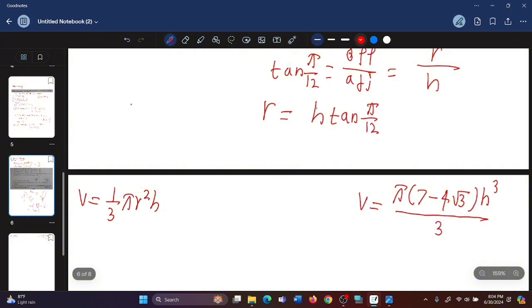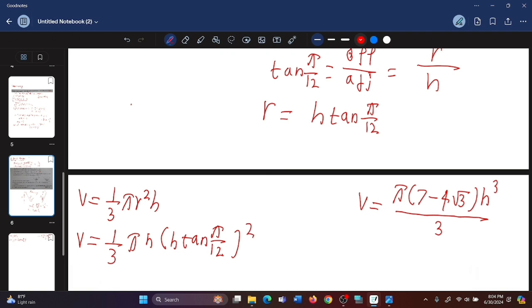Now let's substitute this r into this equation. If we substitute r, it becomes 1 by 3 pi h, and instead of r I put h tan pi by 12, whole squared. As there was a square above r, I have to put a whole square.